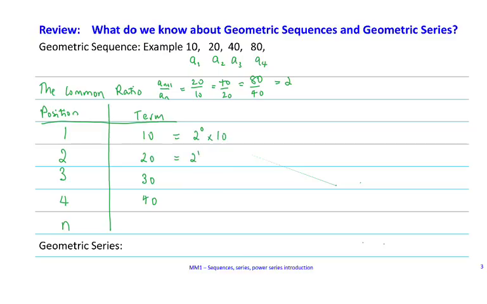That is 2 to the power of 1 times 10, which is 20. Then 2 to the 2 times 10, which is 40.